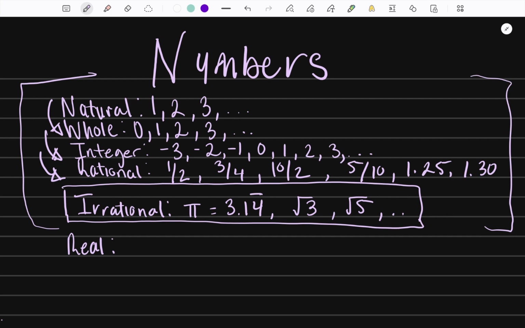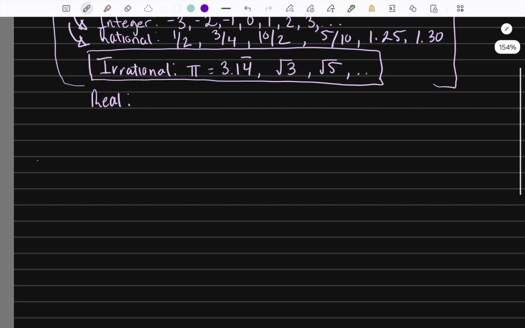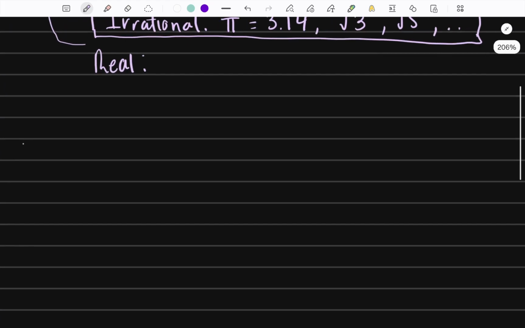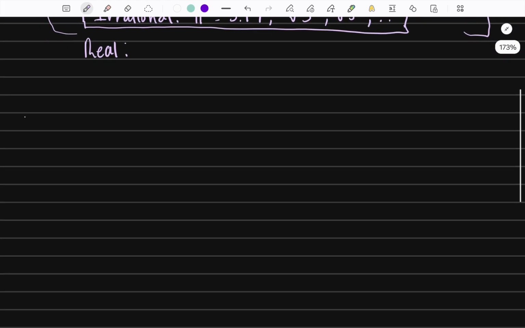Now, just to make this a little cleaner, we have real numbers, which equates to rational and irrational.